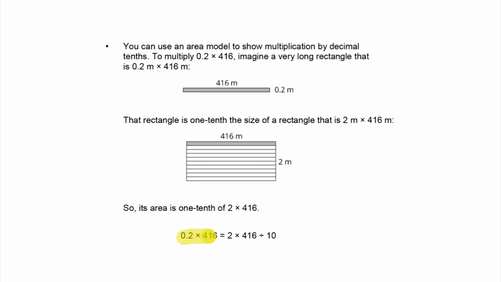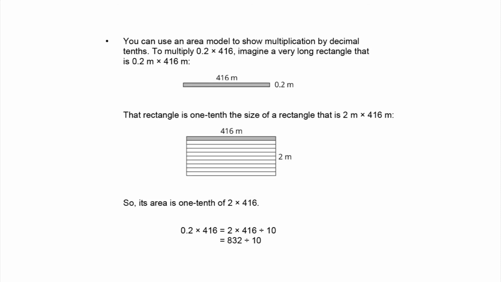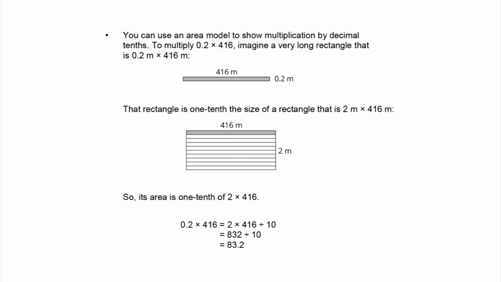So we see that 0.2 times 416 is equal to 2 times 416 divided by 10, or 2 times 416 times 0.1. 416 is fairly easy to double to get 832, and then dividing that by 10, we just move the decimal one position to the left and we get 83.2.